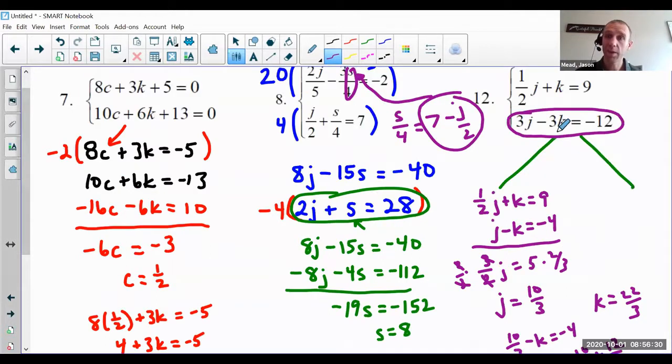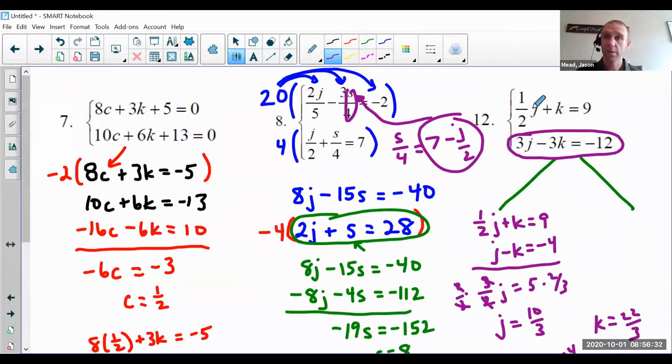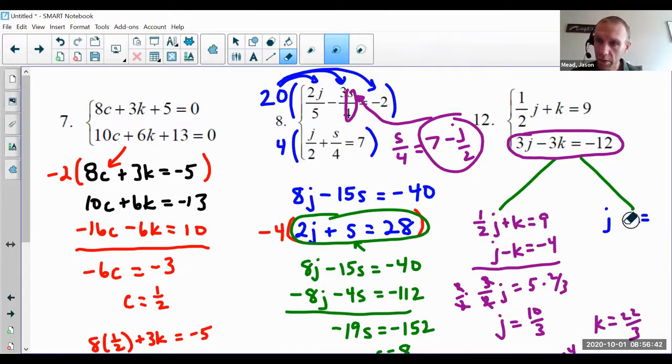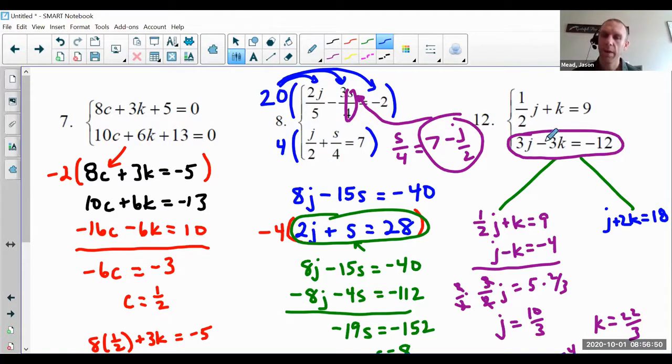The other way of doing this problem is to multiply the top one by 2 to get rid of the fraction. Oops, that should be 2k. And then I can probably still divide this by 3, but I might want to divide it by -3.